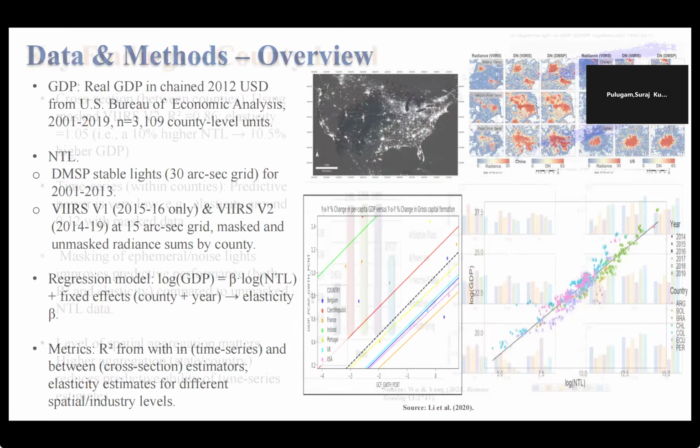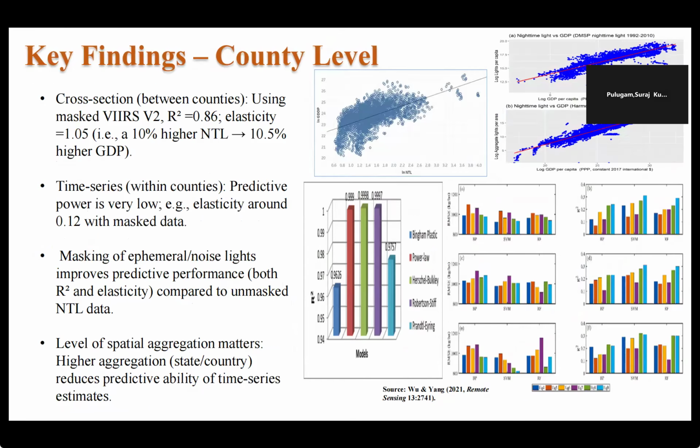Coming to the key findings at the county level, the cross-sectional relationship between NTL and GDP is very strong. Using masked VIIRS version 2 data, the R-squared is about 0.86 and elasticity is around 1.05, meaning a 10% increase in nightlight brightness corresponds to roughly a 10.5% increase in GDP.